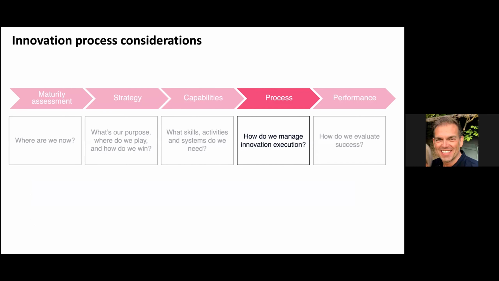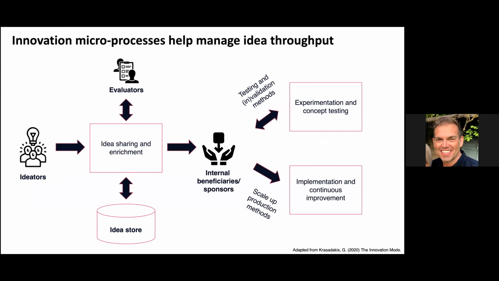So when we look at process, how do we manage innovation execution? This approach to idea management is about the process of making business ideas usable at scale. The objective is to increase the likelihood of discovering innovation opportunities while minimizing costs and disruption.